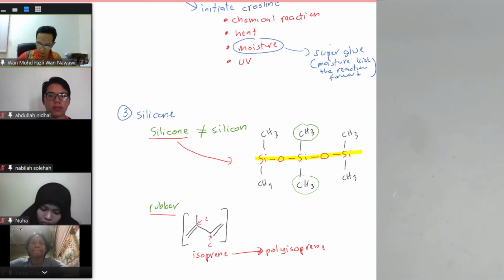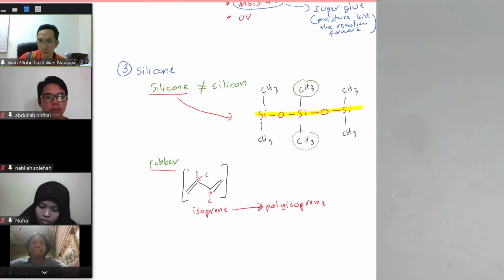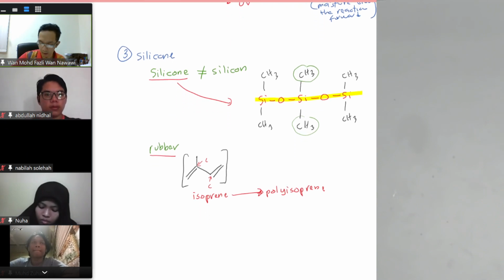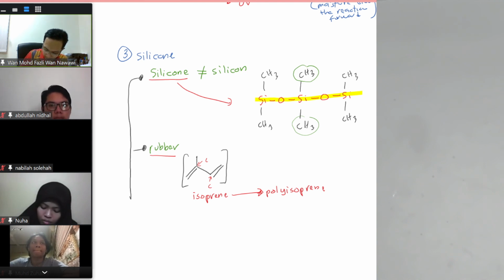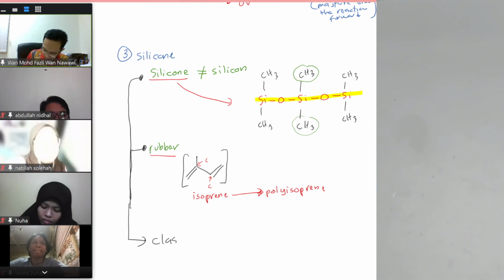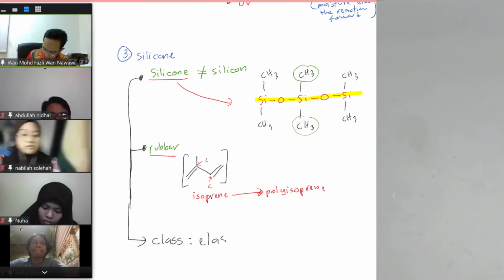And in fact, these two things, rubber and silicone, we can put under what we call the class of elastomer.